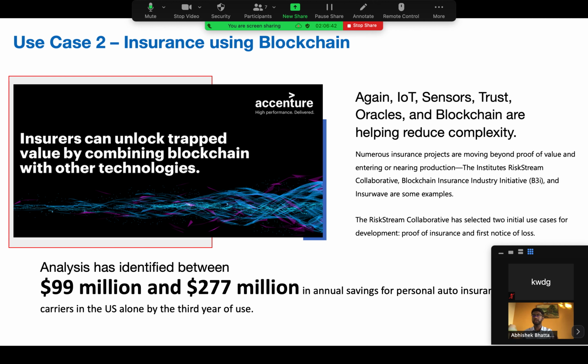All of this comes together to implement such an InsurTech example on blockchain, and Accenture has found that the annual savings from such an implementation can be massive, from up to $100 million to even $200, $250, $270 million. That's a massive saving for any insurance platform, company, or InsurTech organization. It's a big use case, and it is something that a company like Accenture has done.